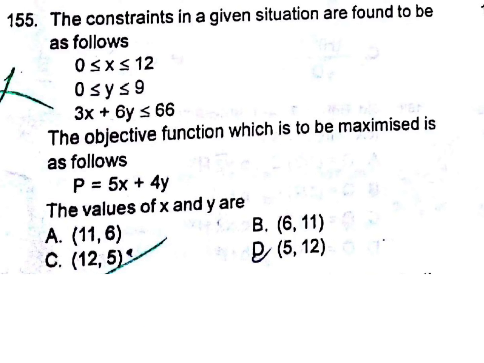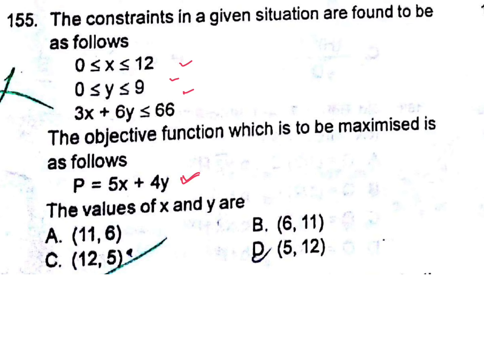From linear programming, the constraints in a given situation are found to be as follows. These are given. Then the objective function which is to be maximized is given. Here there is no need to draw the graph. Directly from the options you can solve this question.